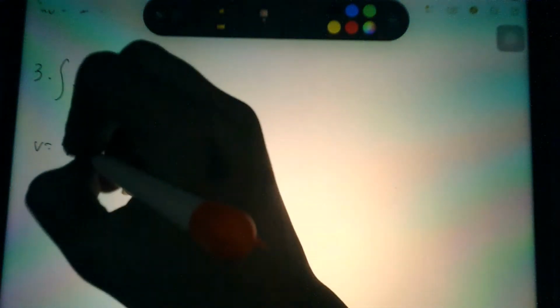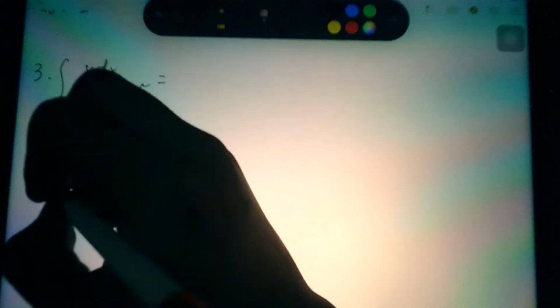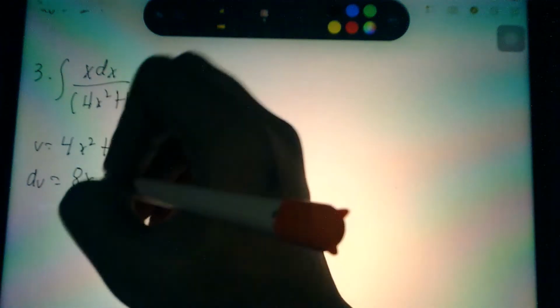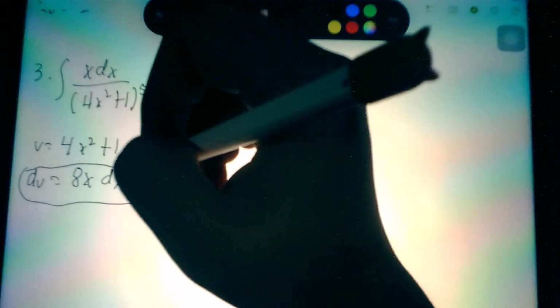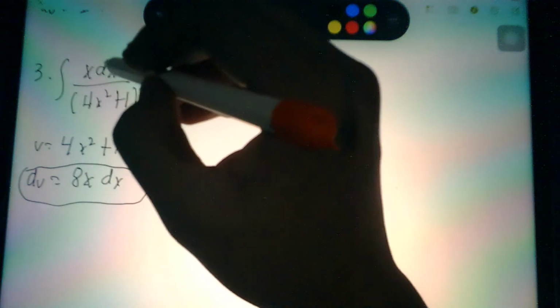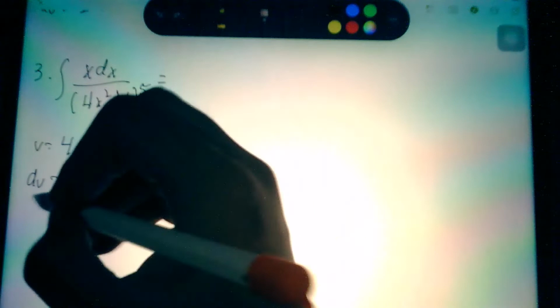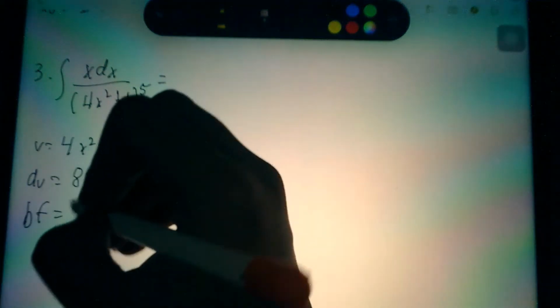The derivative of 4x squared plus 1 is 8x dx. Our derivative here is 8x dx, while in the original equation it's x. So there is a balancing factor here, which is 1/8.